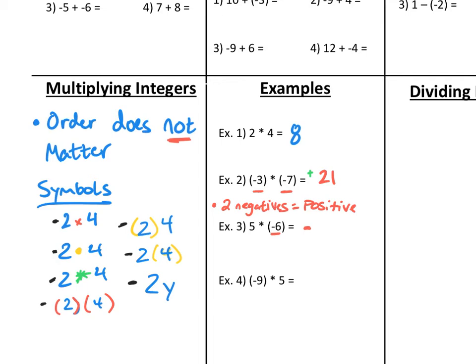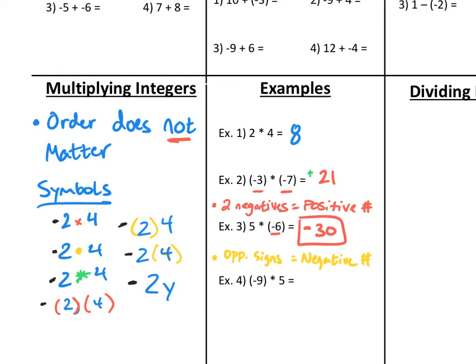But then if I do 5 times 6, I would get a 30. Okay, so a note you might want to jot down there is opposite signs equals a negative number. Opposite signs equals a negative number.